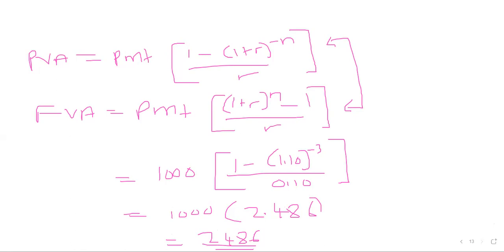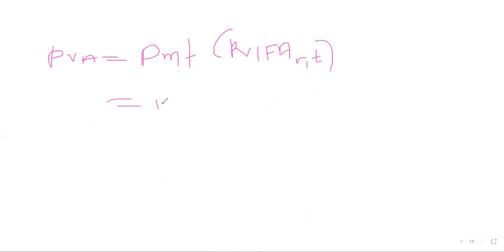All right. The other alternative would now be to use our table. So the present value of an annuity is equal to the payment, and here we have the present value interest factor annuity, the interest rate against the time. So here we have 1,000. What is our interest rate? 10%, and the time 3.